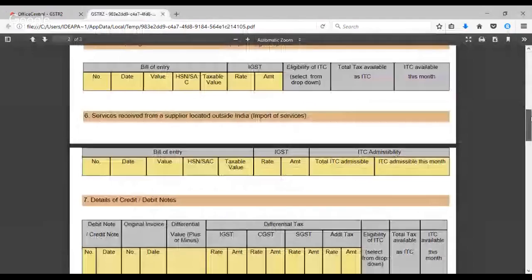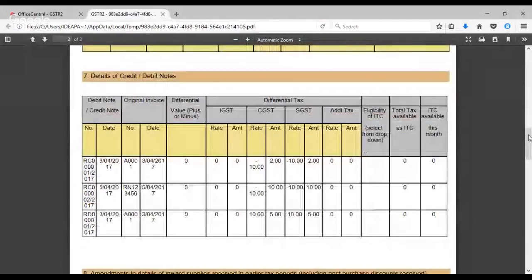Okay, so you can see that you have done the purchase transaction. You also have done the credit note transaction. Okay, and purchase.